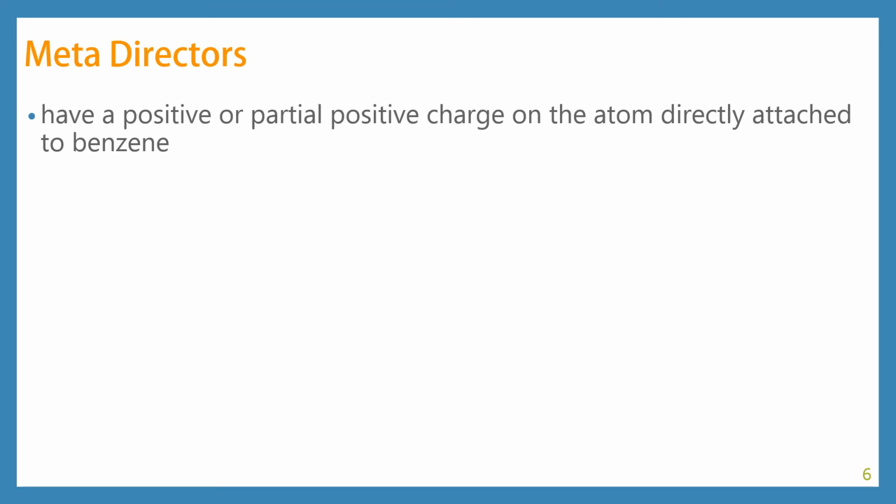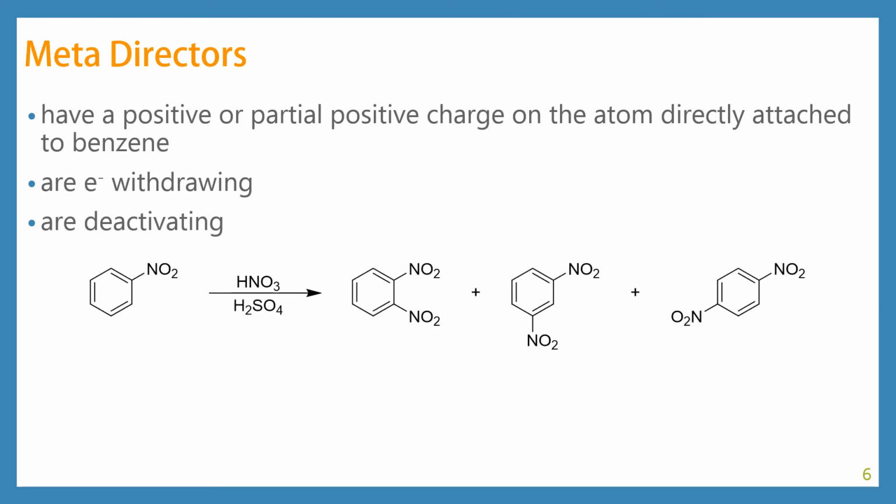Our next topic is meta-directors. Meta-directors have a positive or partial positive charge on the atom that is directly attached to benzene. These groups are going to be electron withdrawing, and they are also going to be deactivating. A really good example of a meta-director is the nitro group. It's really easy to forget about the nitro group because you think nitrogen, you think lone pairs, and you think ortho-para.